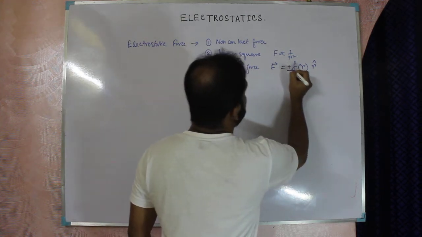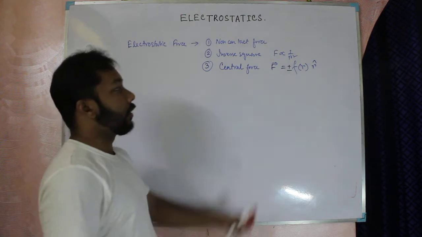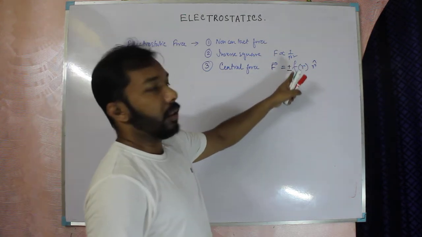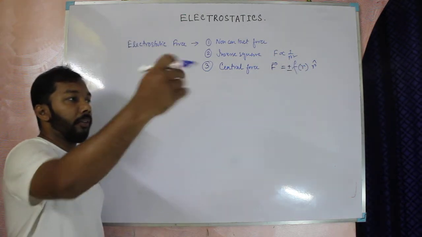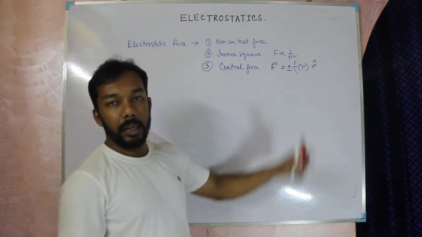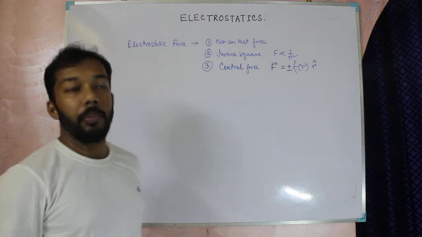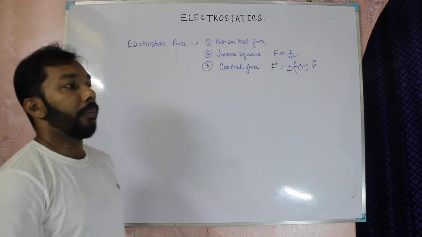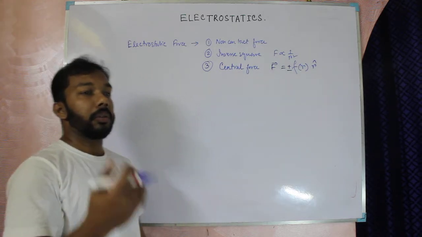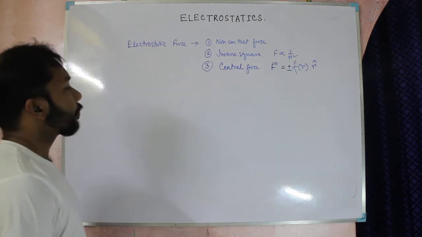Of course it can be attractive or repulsive depending on these two factors. We can put positive or negative. Positive means going away, negative means coming towards. When the force is attractive, it becomes negative. When the force is repulsive, then we must use the positive sign in order to show the sense that the force is repelling outward direction.